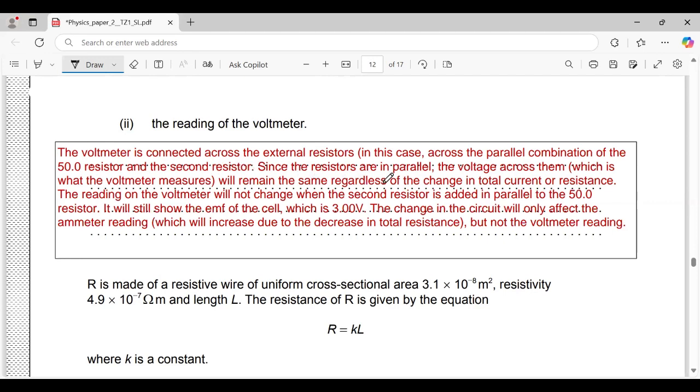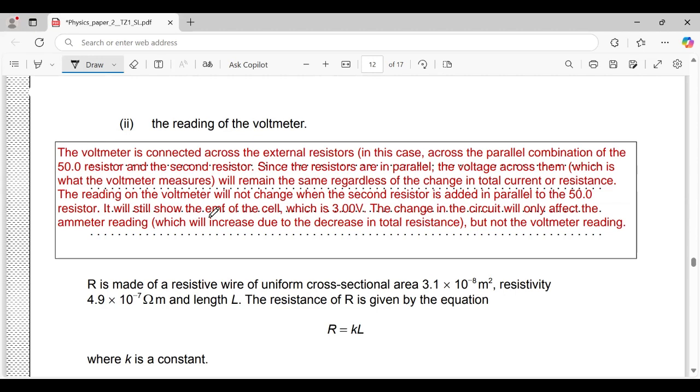Since the resistors are in parallel, the voltage across them, which is what the voltmeter measures, will remain the same regardless of the change in total current or resistance. The reading on the voltmeter will not change when the second resistor is added in parallel to the 50 ohms resistor.